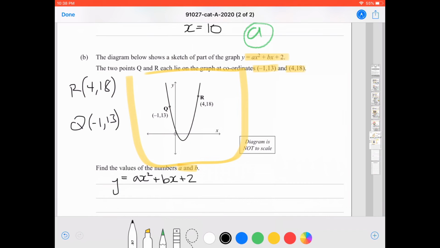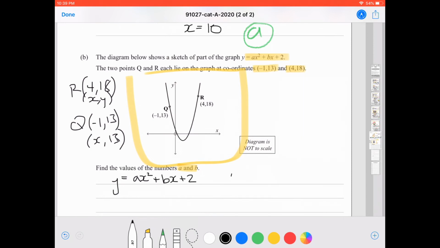And so finding a and b, we can actually substitute in these coordinates, remembering that a coordinate is written in the form x comma y. So looking at the R, for example, 4 is x and 18 is y. And for the Q, negative 1 is x and 13 is y. And so we're going to substitute x and y into our y equals ax squared plus bx plus 2 equation.